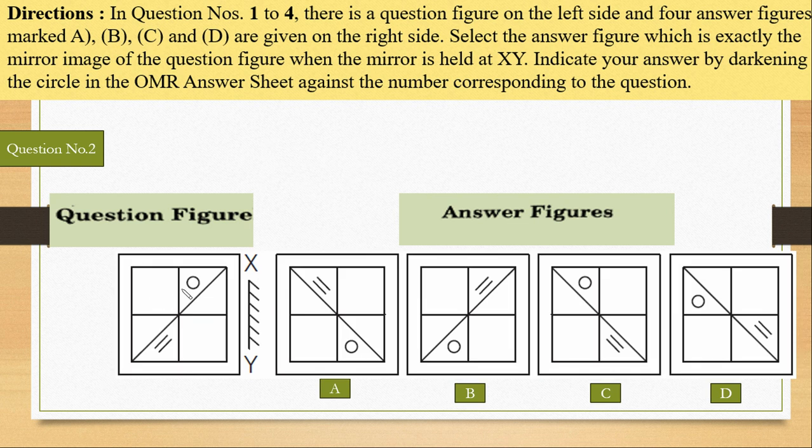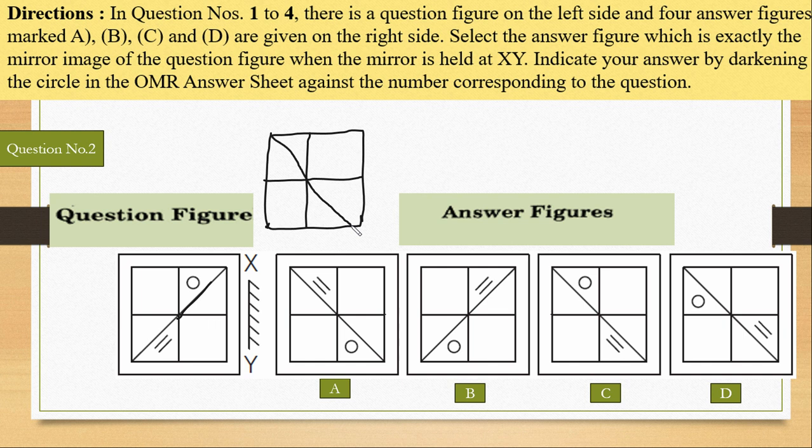In this question also, let us use the previous tricks and solve the mirror image related question. I drew a square and let us draw four quadrants. These four quadrants may not change. This diagonal will appear on the opposite side.